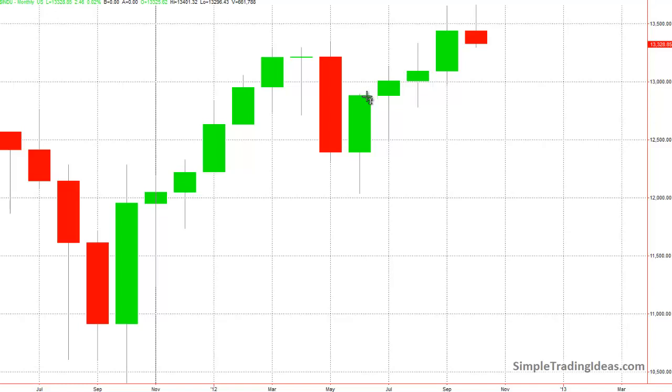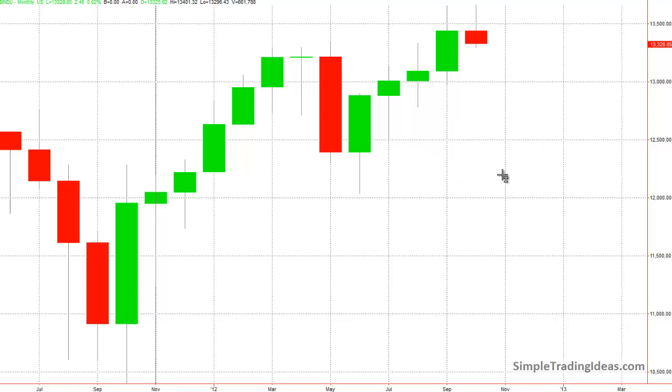This turned out to be a bullish period that closed almost exactly on the high. That is the high, the top of this top wick, and that is the low of this particular monthly period, the lowest point on the lower wick.